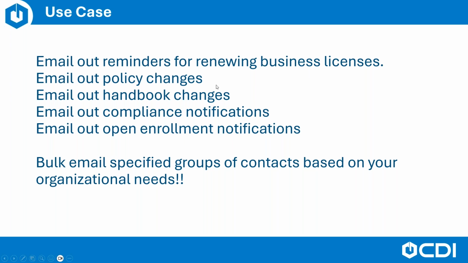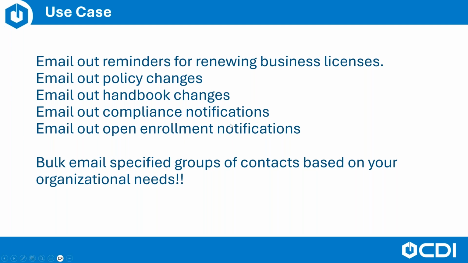Or maybe policy changes. So this is potentially something for HR. You have I-9s that have to go out and get resubmitted every 4 years, something like that. Or maybe you have an addendum to a handbook based on the state that an employee is working in, and you need to blast that out to all of the people who are based in Minnesota versus all of the employees that you have elsewhere. Compliance notifications.